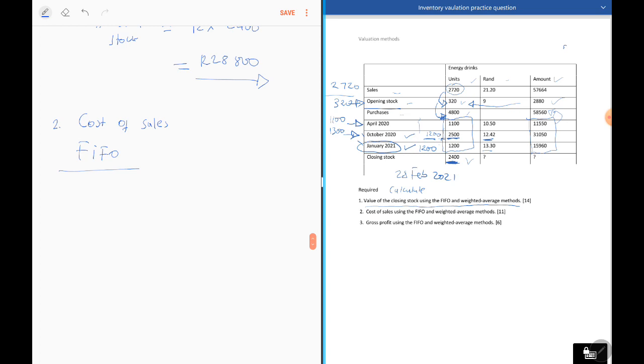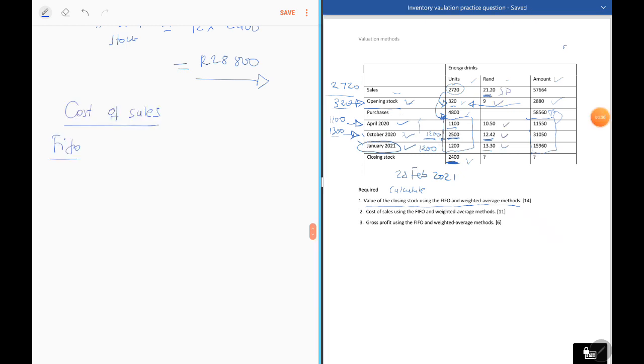You see, so you have 2,720 units sold. You know that the items that are first brought into the business must be sold first, which are items from opening stock, right? And items from April. And as you can see, 1,100 plus 320 is 1,420 so far. It means we are still remaining with some items that we sold from October, which are how much? 1,300.